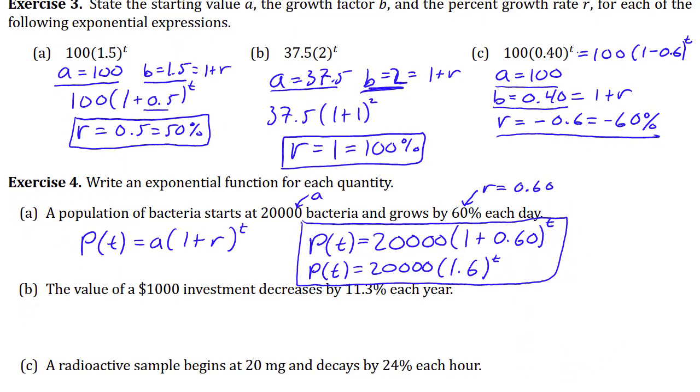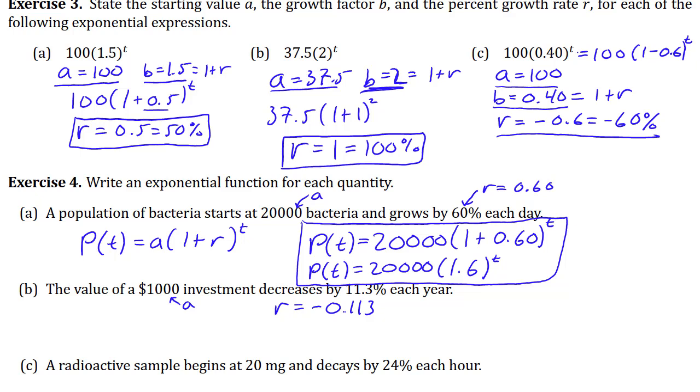Okay, now for B here, we have a $1,000 investment and it's decreasing by 11.3% each year. So they're saying it starts at $1,000, so that's the A, and this is saying it's decreasing, so we want to use a negative number for R. So negative 0.113 represents negative 11.3%.